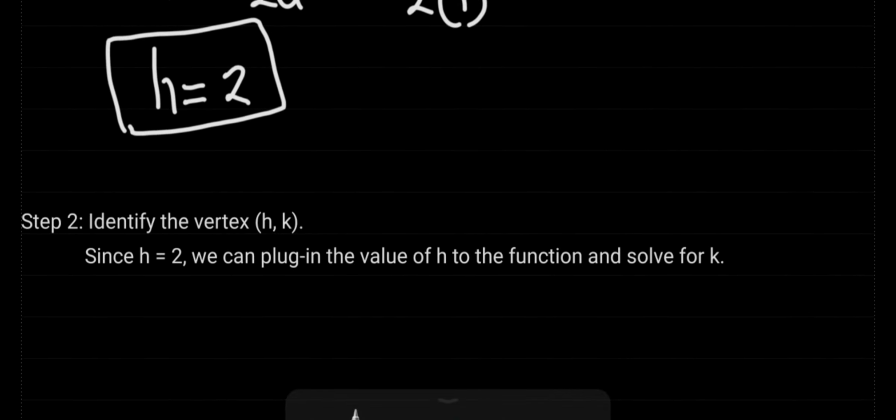For step 2, identify the vertex h, k. Since h equals 2, we can plug in the value of h to the function and solve for k. So let's write here k equals f of h, x squared minus 4x plus 5.